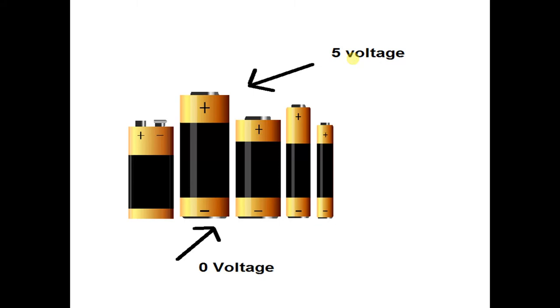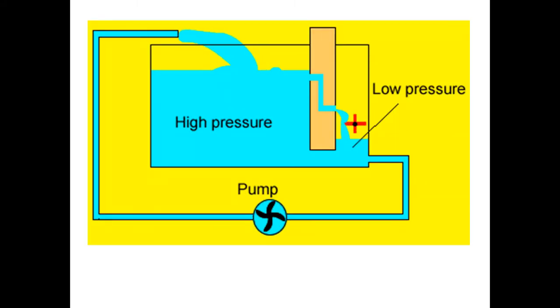So let's go further. Now we'll see another example, a water pump, for better understanding. We see here, this is a high pressure water tank and there is a low pressure area.